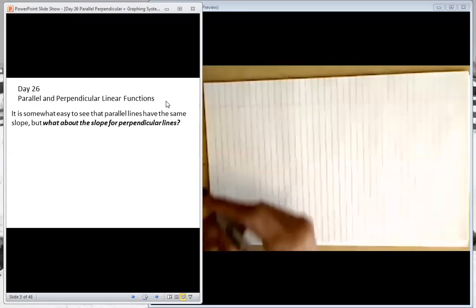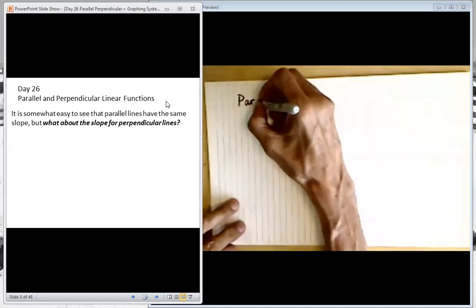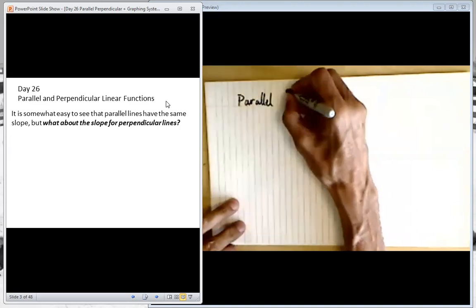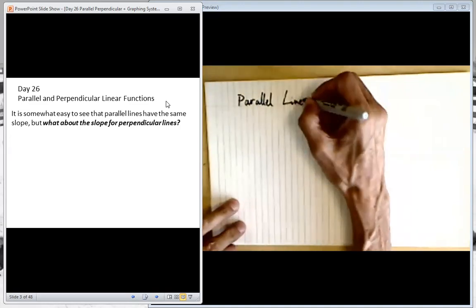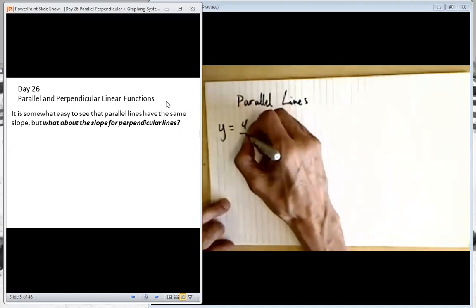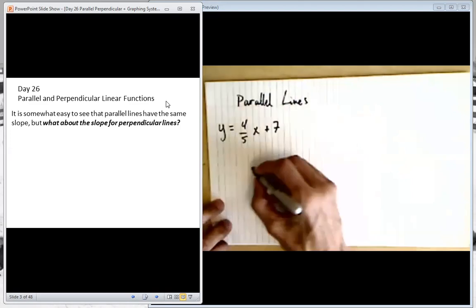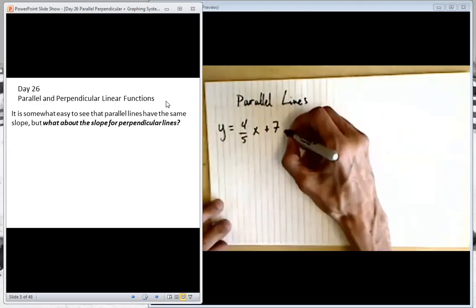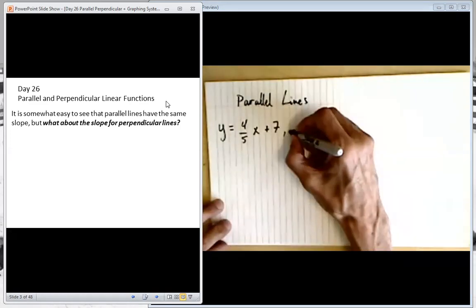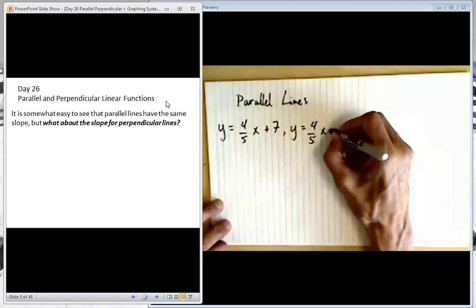Parallel lines, yeah, they're easy as it suggests. Watch this. Suppose we have the lines written like this. We have y is equal to 4/5x plus 7. Suppose this is one line, and that this is another one. Y is equal to 4/5x minus 8.